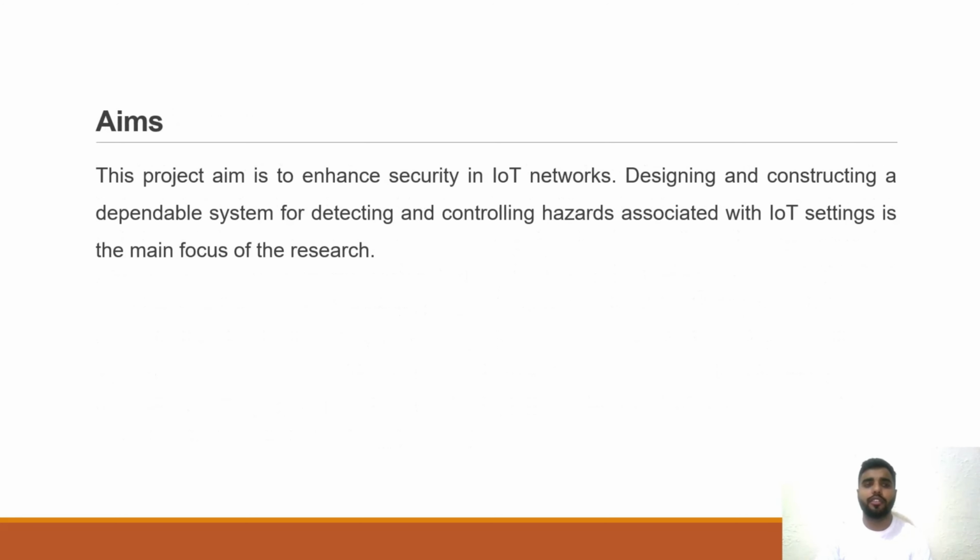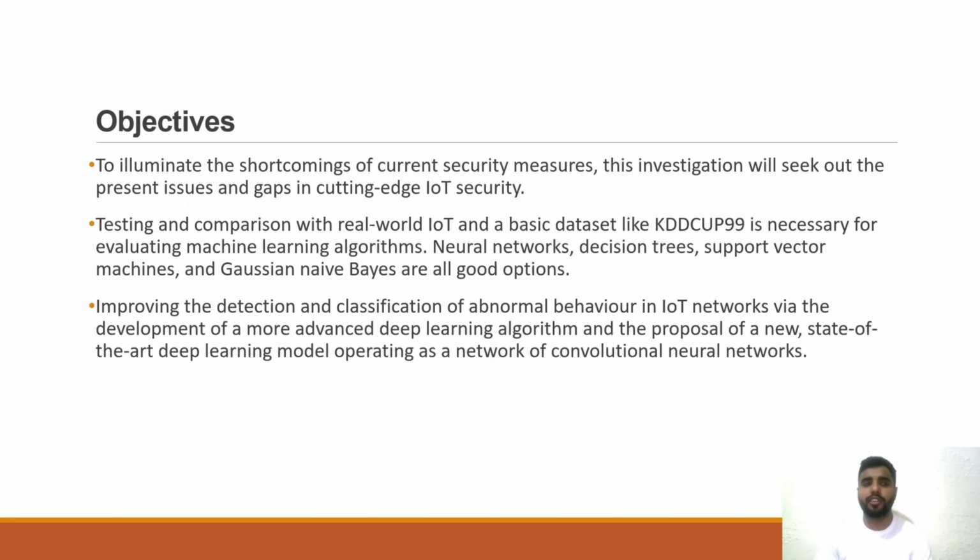The aim of the project is to enhance security in IoT networks. Designing and constructing a dependable system for detecting and controlling hazards associated with IoT settings is the main focus of the research. Objectives of the project: to eliminate the shortcomings of current security measures.